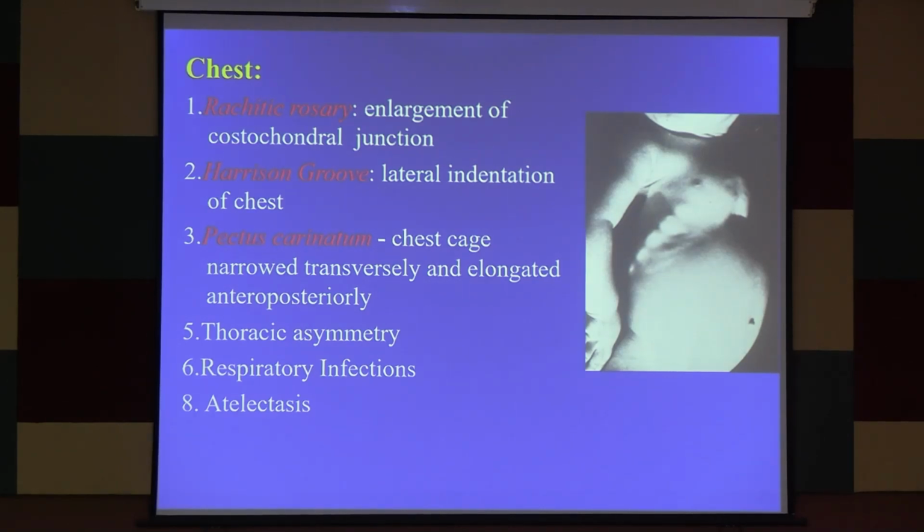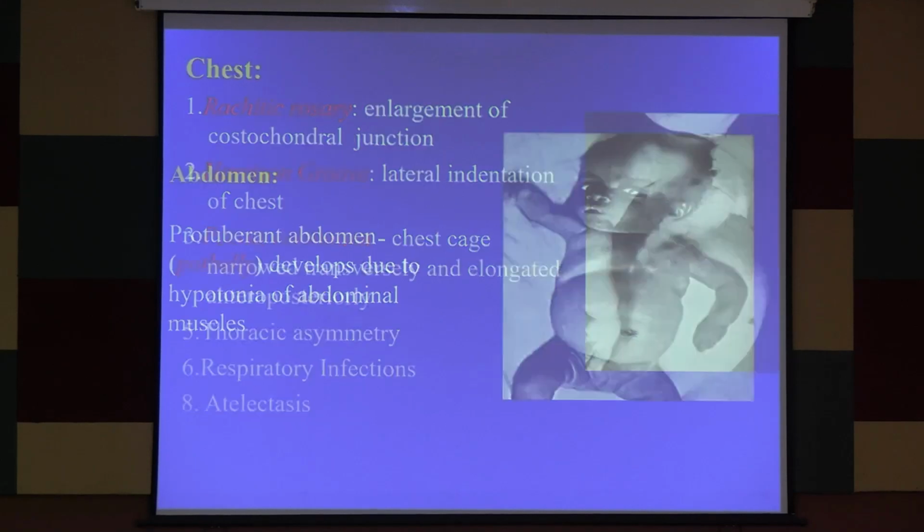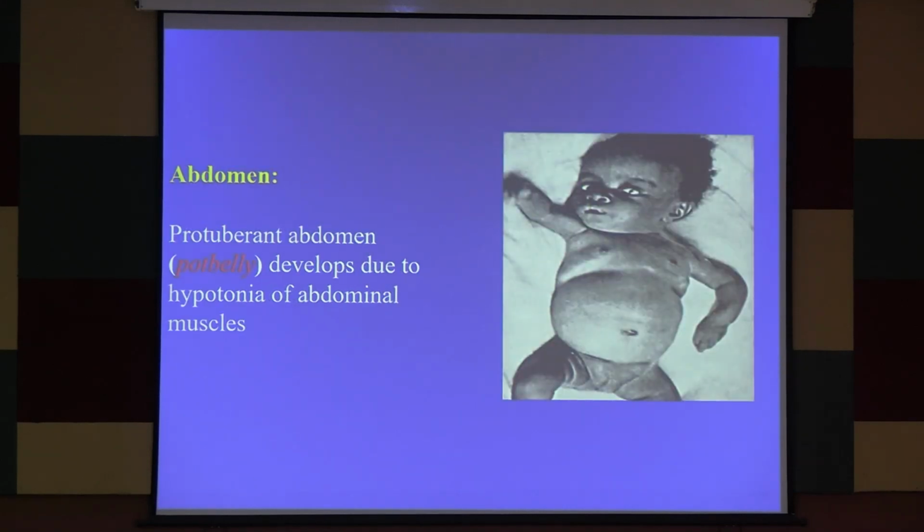In scurvy, these beads are more angular, more pointed, painful. And in vitamin C deficiency, you get gum bleeding and other dental findings. So they will help you differentiate whether it is because of vitamin D deficiency or vitamin C deficiency.